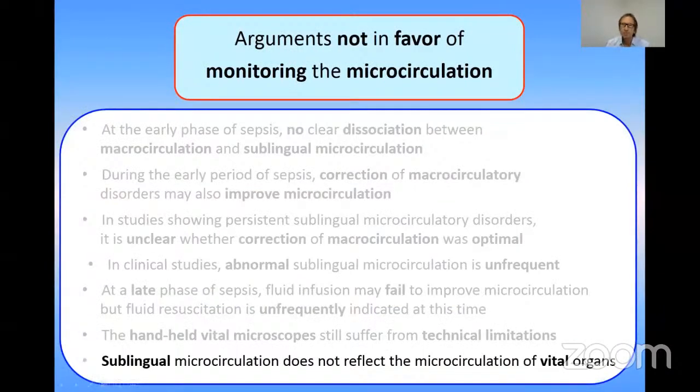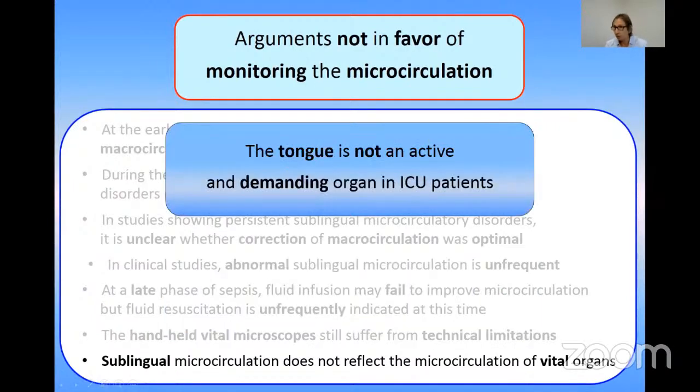And finally, another argument not to monitor is that the sublingual microcirculation does not reflect the microcirculation of vital organs. You know that the tongue is not an active organ. It's not a demanding organ in ICU patients who are, in the majority of cases, in particular patients with sepsis, who are sedated and who do not use their tongue for anything.